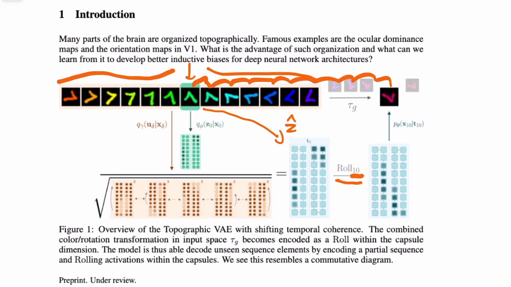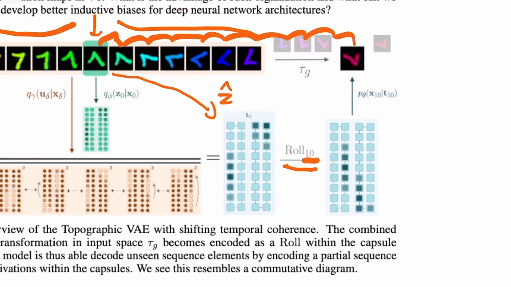So roll by 10, and roll in this case means, you can see here they have 2 of these, what they call capsules, the left one and the right one. The roll simply means that I take every latent variable and roll them forward over the latent dimension, by 1 step. I do that 10 times.